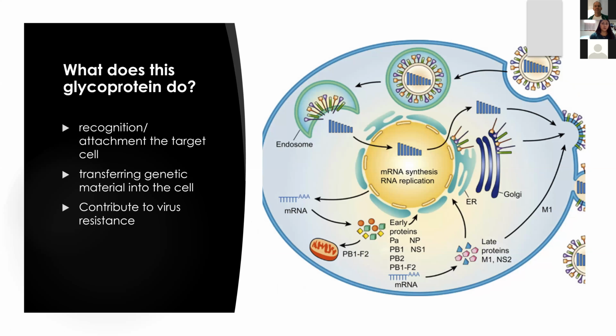So what does this glycoprotein do? It assists with the recognition and attachment of the virus to the host cell because it contains receptors on the globular head. The host cell contains sialic acid receptors, which is what the glycoprotein binds to. Once bound, the virus gets engulfed by endocytosis, and then the genetic material is transferred into the cell.